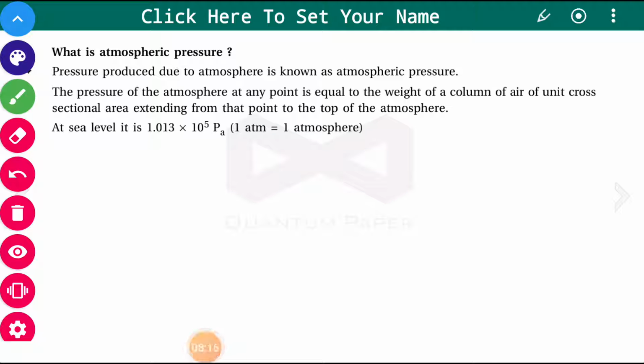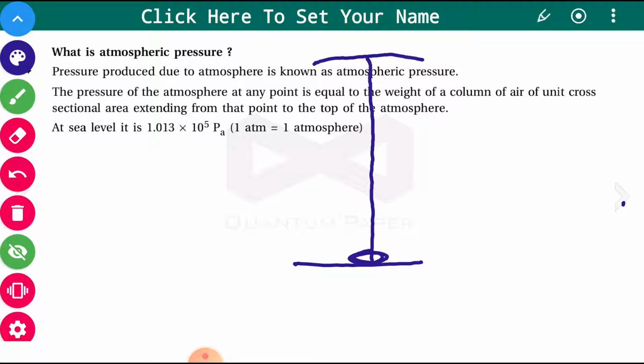Now what is atmospheric pressure? Pressure produced due to the atmosphere is the atmospheric pressure. The pressure of the atmosphere at any point is equal to the weight of the column of air of unit cross-sectional area extending from the point to the top of the atmosphere. So the pressure at the point where you are measuring is produced by the air column extended up to the top of the atmosphere.